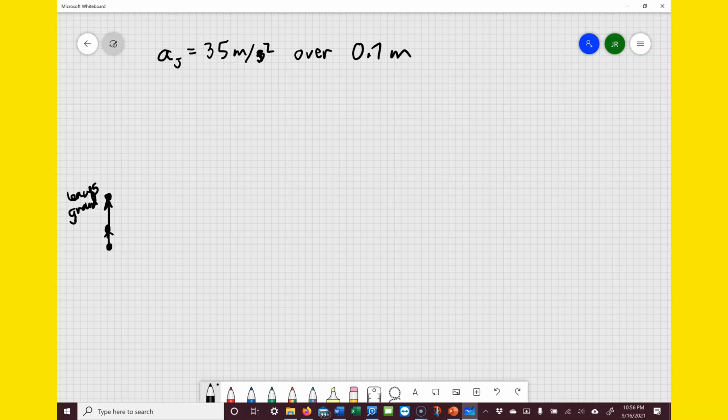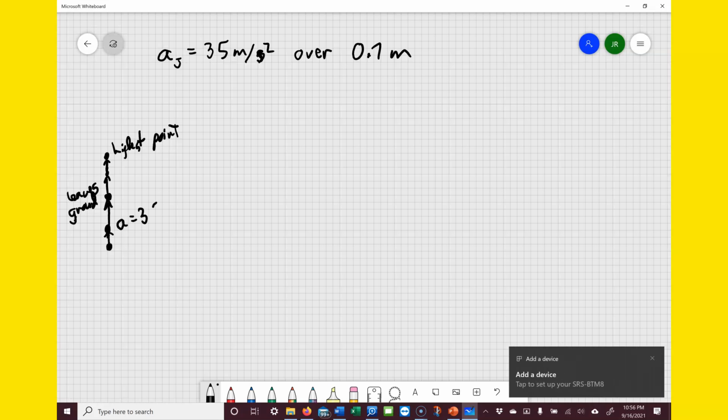So it's still going to be going up, but not as much. And let's say this is its highest point. So throughout here, we have a is 35. Throughout here, we have a is negative 9.8 after it leaves the ground.